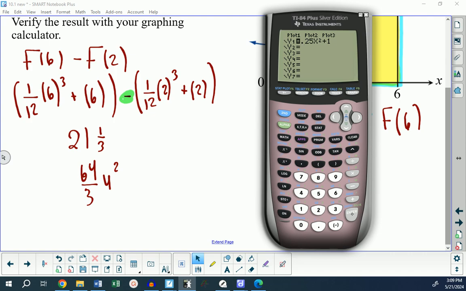I could probably get away with the same window settings. We want to go from 2 to 6. Maybe I'll bring this up a bit vertically. So we go to the calculate menu and choose this, which is an area thing, integral, antiderivative, all rolled into one, from 2 to 6. It shades it in nicely, and you get 21.3 repeating.